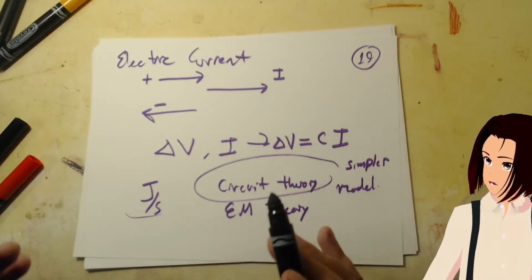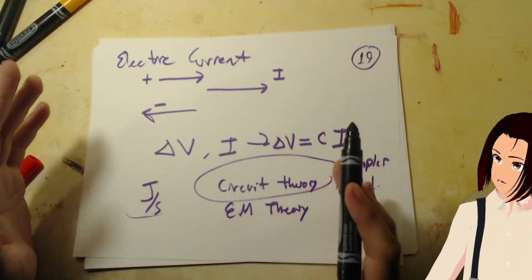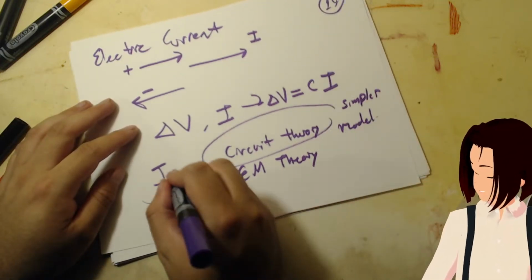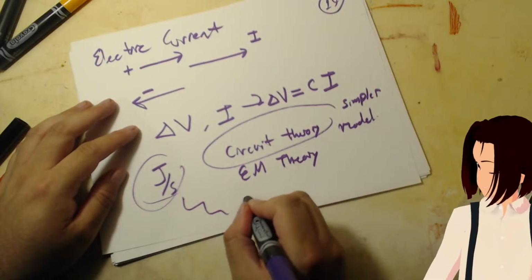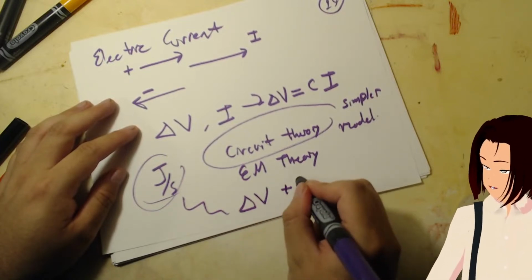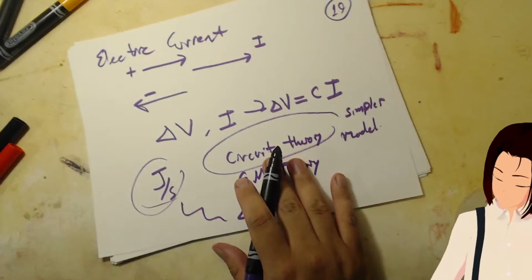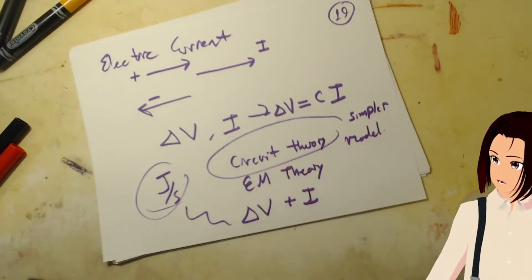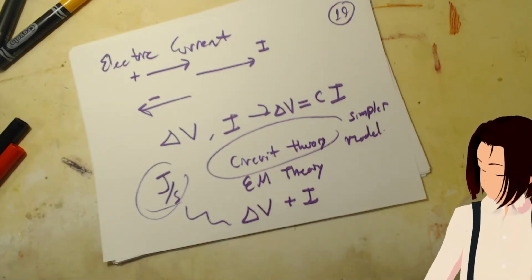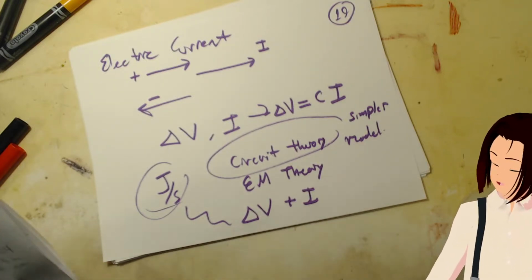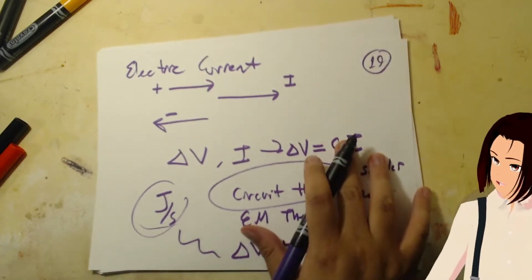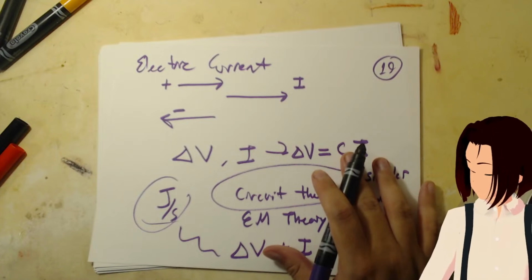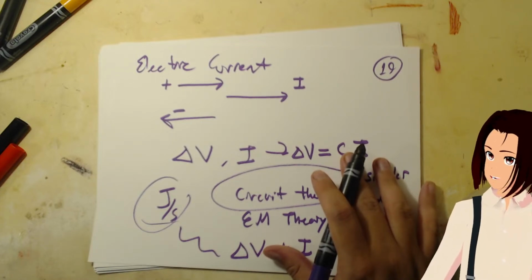But it would be really convenient if we could have power, joules per second, in terms of potential difference and current. That would be so useful. And you're in luck. Surely there's a way to do it, because circuits are a thing.